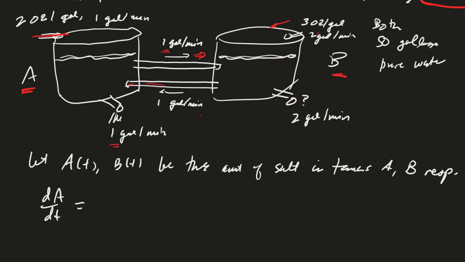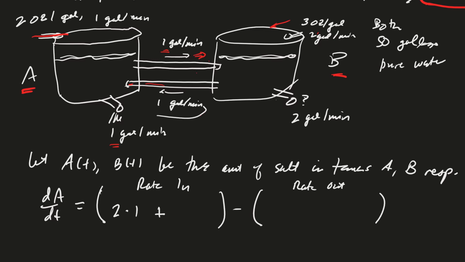Remember, we're looking for, I'll go ahead and put some parentheses here, rate in on the top here minus rate out. Okay, so my rate in looks like 2 ounces per gallon times 1 gallon per minute. So that the units then give me ounces per minute. That works. Okay, plus what else is incoming?